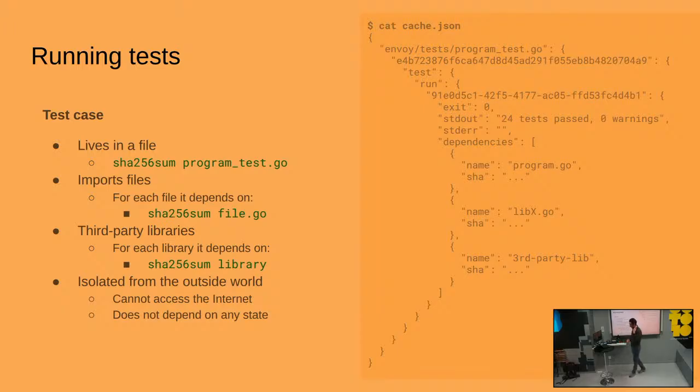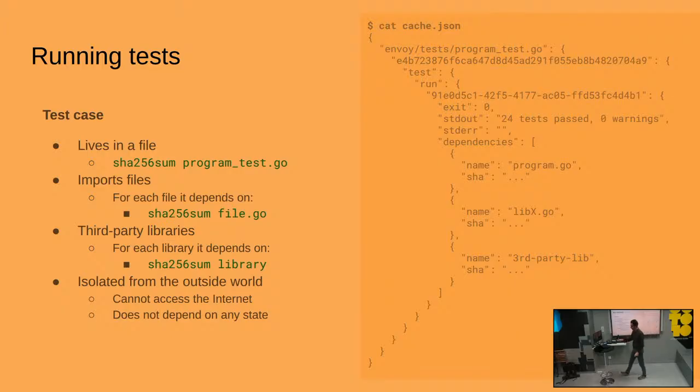Okay, so having this information, how would our cache look like? It's contrived and simplified to keep it reasonable on the screen. There is so much more that could be put in. But if we imagine our cache key, what would be a reliable way to represent everything about the test case? We would need the SHA of the test module itself. We would also need all the dependencies' SHAs.